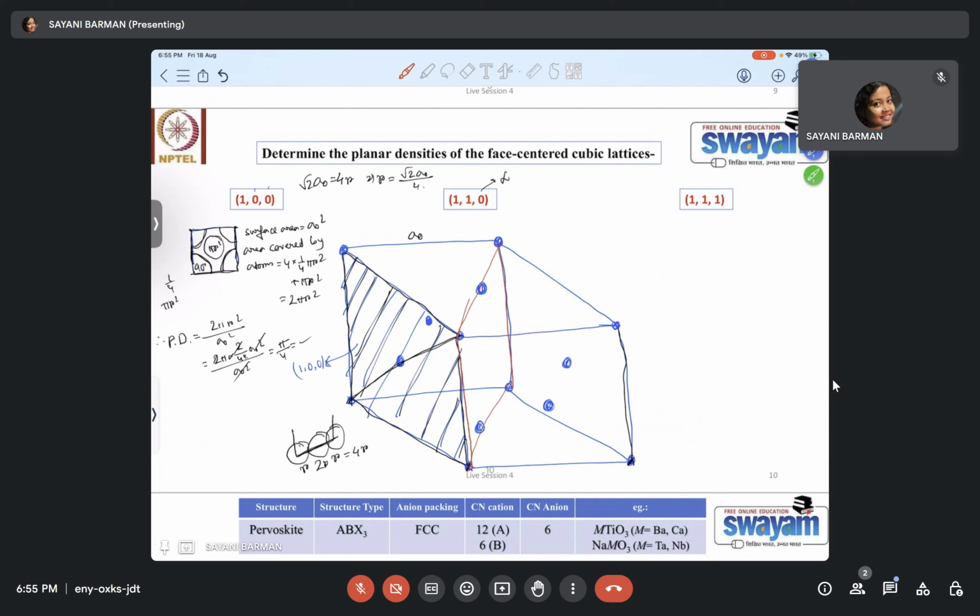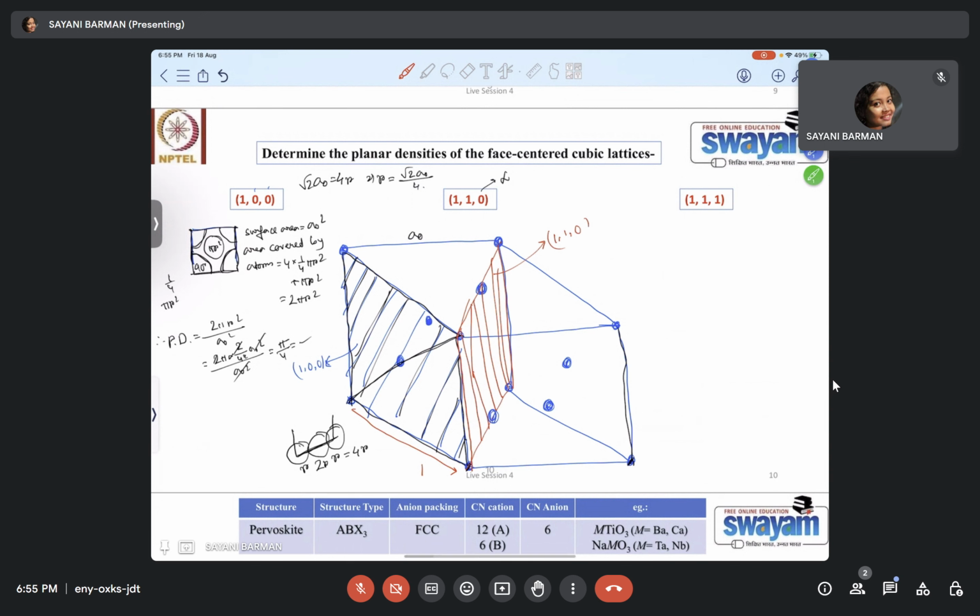See, along the x-axis it is one, along the y-axis also one, and it is parallel to the z-axis. So this plane is 110.